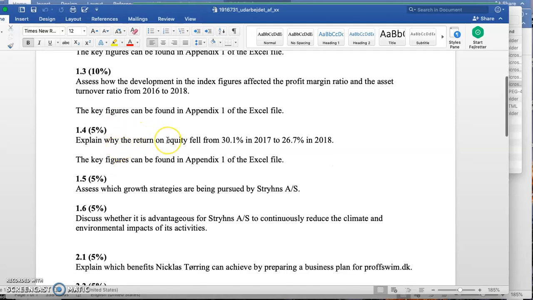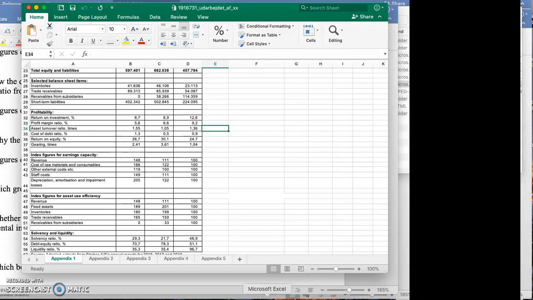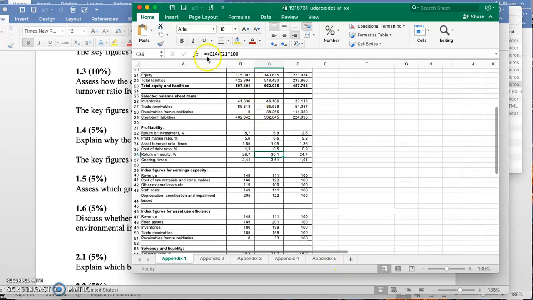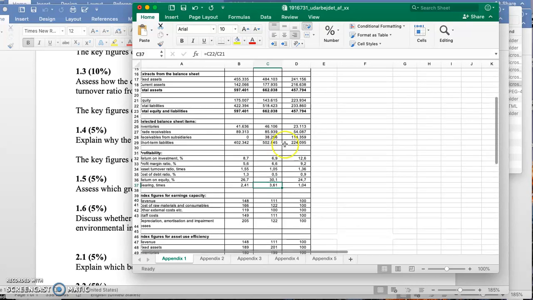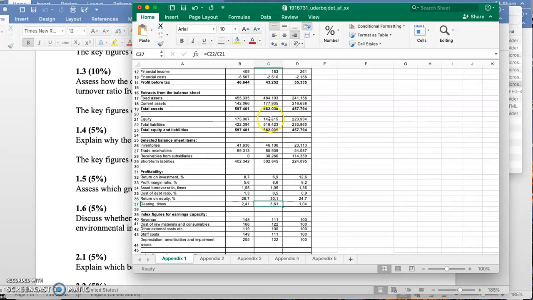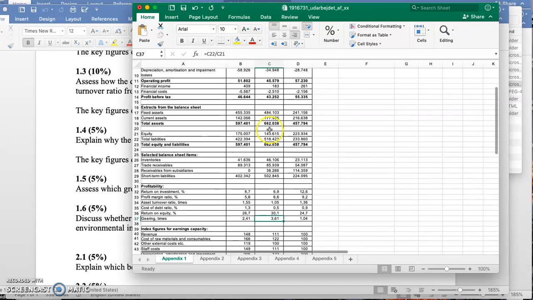1.4. Explain why return on equity fell to 30.1% in 2016 and 26.7% in 2018. If you go in here and find the return on the equity, then you can see, if you double click up here, the equation and how it's calculated. So you see from 2016 to 2017, a clear fall in equity.